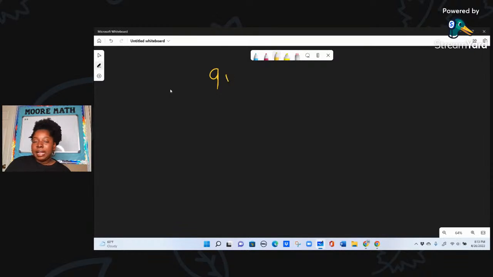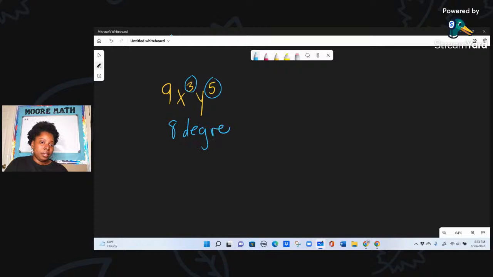When you have 9x cubed and y to the 5th, you take the 2 exponents and you add them together. So when you have 9x cubed y to the 5th, you take them together, and this will be called the 8th degree. If it is negative 17x, it's really looking at the exponents, right? If there's nothing here, it's really raised to the first power. So this would be the 1st degree.